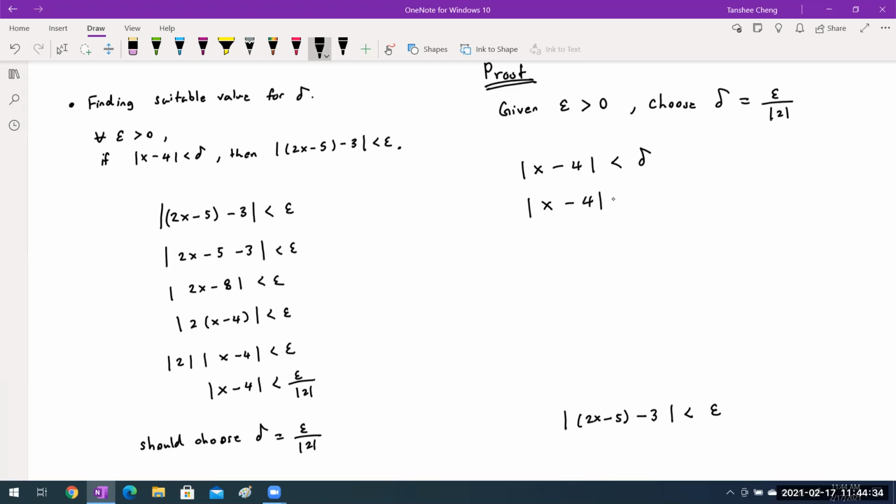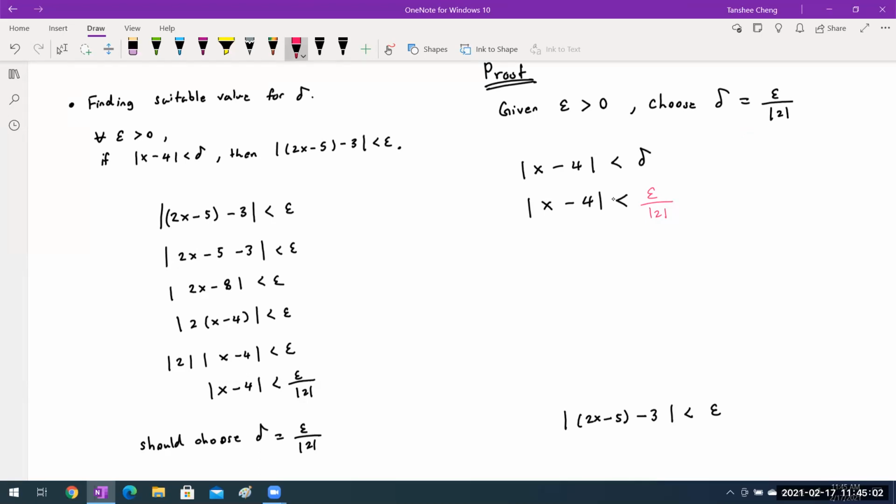The only way to get it is substituting the delta value that we found. So we substitute: the absolute value of x minus 4 less than delta becomes the absolute value of x minus 4 less than epsilon divided by the absolute value of 2. This is still a true statement because delta is equal to that.